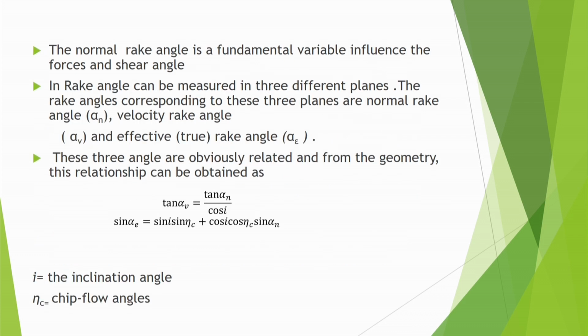Now normal rake angle is alpha n. Many authors believe that the normal rake angle is a fundamental variable influencing the forces and shear angle. They think it is better to take the normal rake angle. In fact, there is one paper published in 1967 in the SME journal.